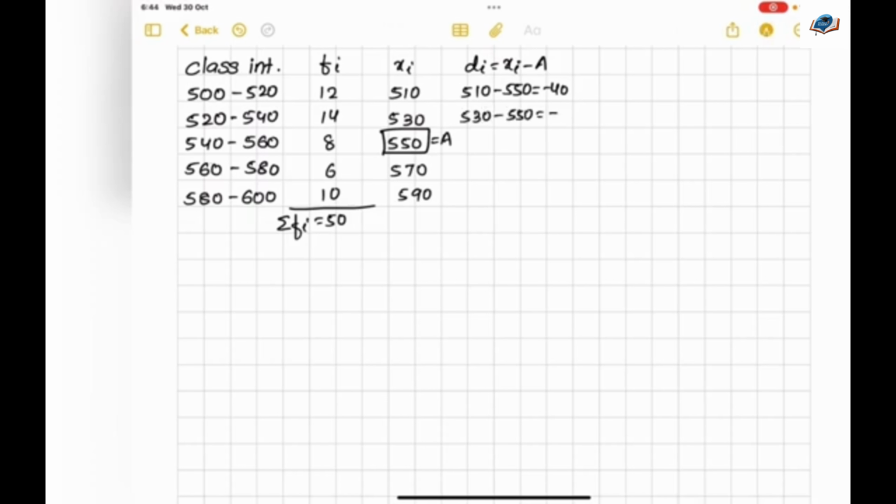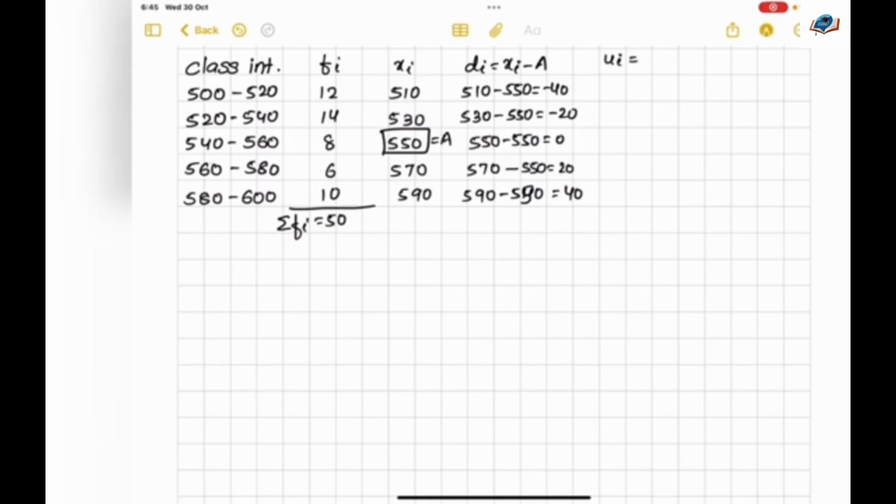So that will be minus 20. Then 550 minus 550 will be 0. Then 570 minus 550. So that will be 20. And 590 minus 550 will be 40.